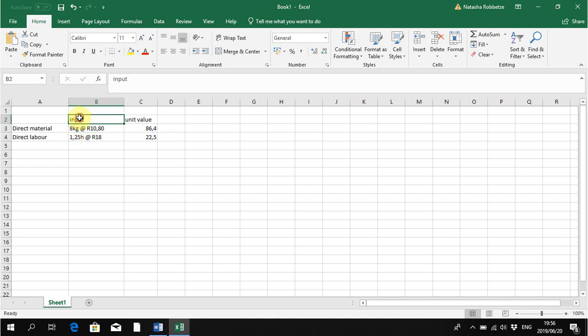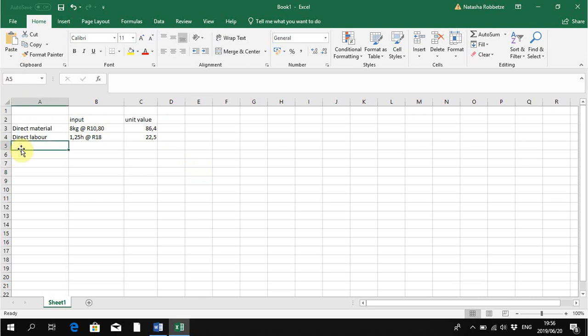So it's very important to understand what constitutes an input versus what constitutes a unit. Please note that inputs are parts of what we are producing. So for direct material, the input may be the wood required, and for the unit, it's all the wood needed to make a complete product.